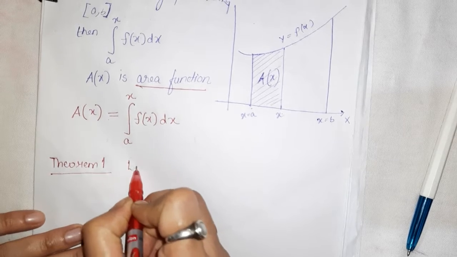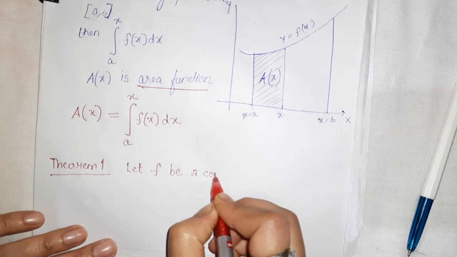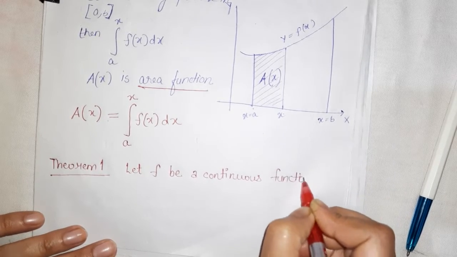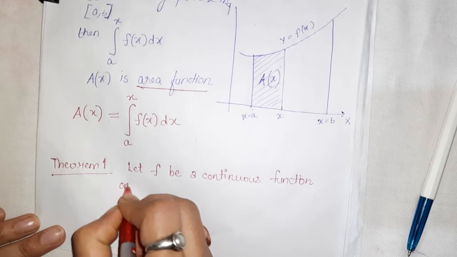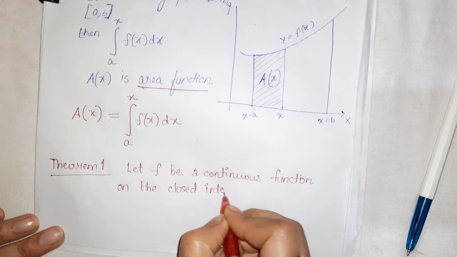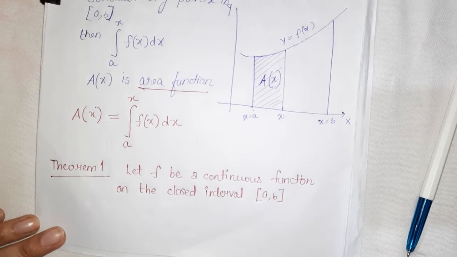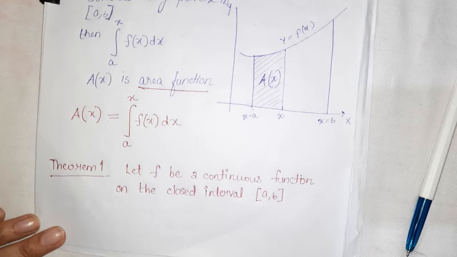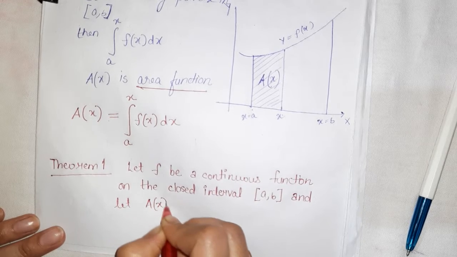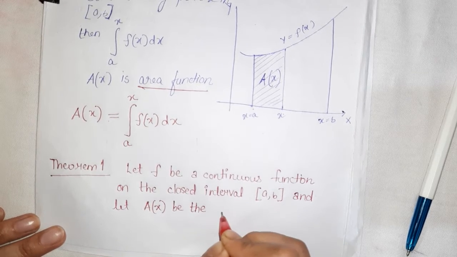Theorem 1 states: let f be a continuous function on the closed interval a, b, and let A of x be the area function.